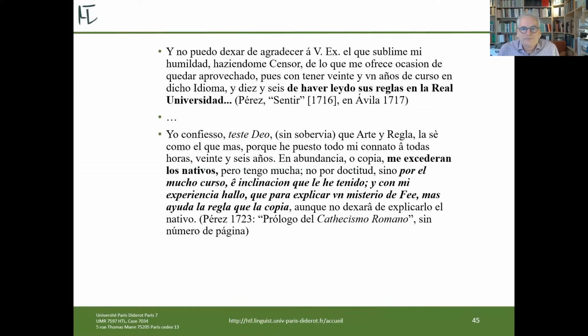And here you find a different opinion where he tells his learners that he was actually 21 años, 21 years he was teaching this language. In this case, it is Nahuatl, and also 16 de haber leído sus reglas en la Real Universidad.